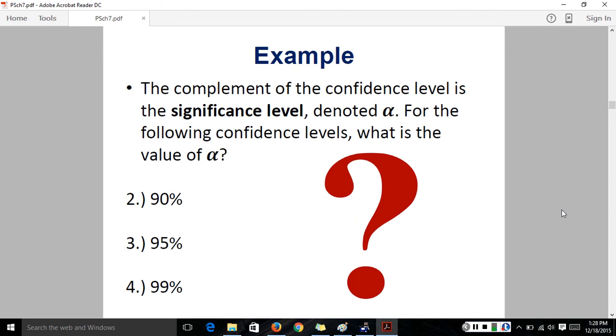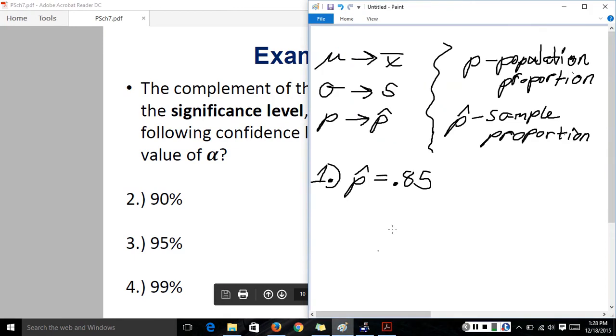The complement of the confidence level is the significance level. That's denoted alpha. So for the following confidence levels, let's see if we can find the value of alpha. We can also define alpha as the total area in the tail or tails of the distribution that we're working with. But it is the complement of the confidence level.